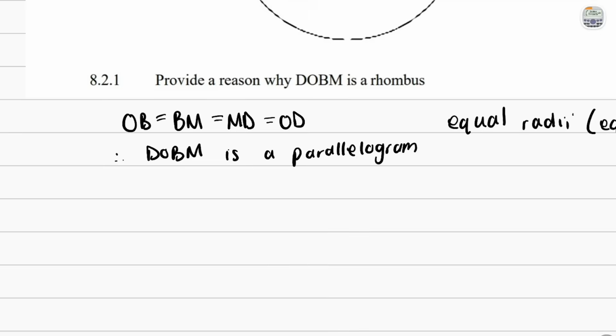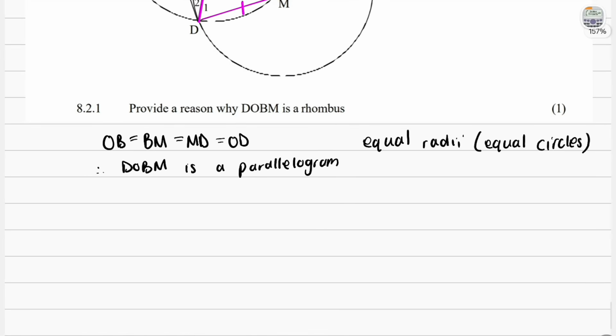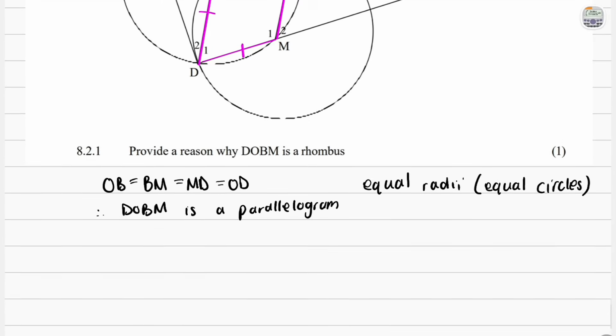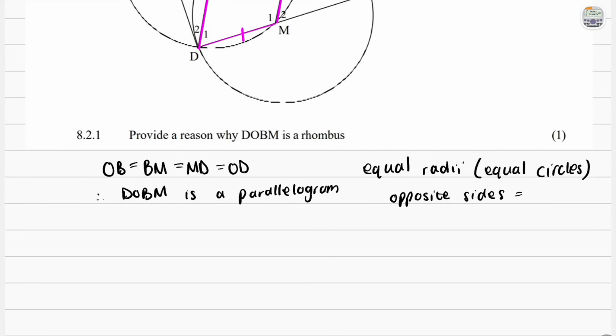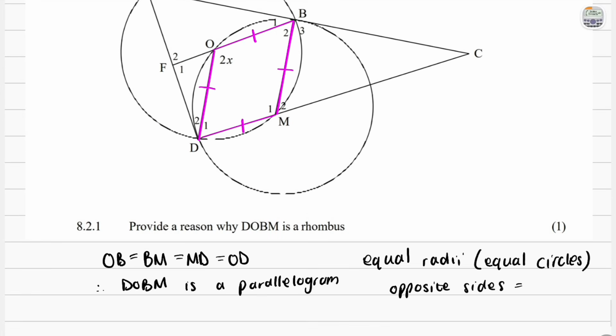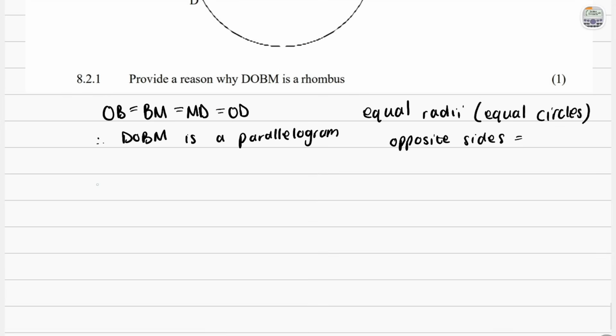Because we have the opposite sides of this shape being equal, and now that we know it's a parallelogram, we can further conclude that DOBM is a rhombus.